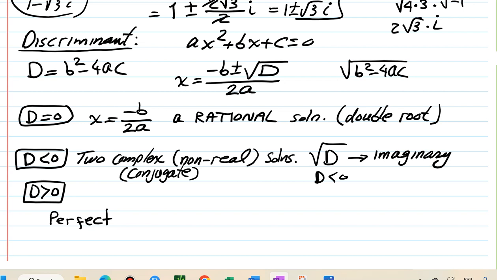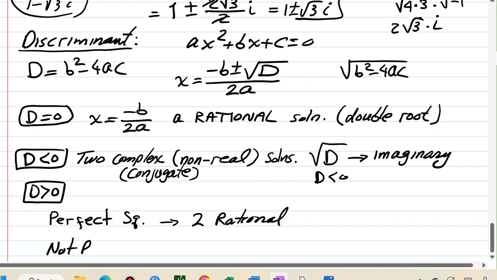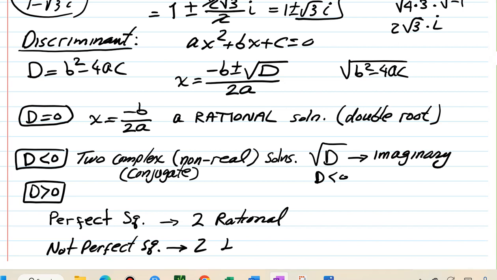So if D is a perfect square, then we will have two rational solutions. And if D is not a perfect square, then we're going to have two irrational solutions.